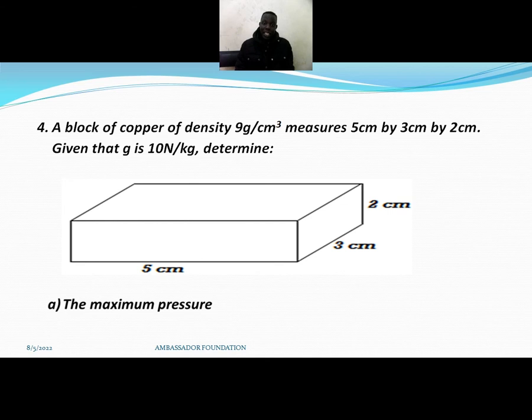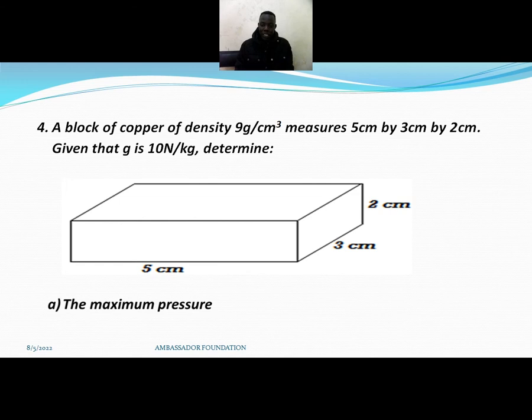I find it easier to get the area in centimeters squared, then simply divide by 10,000. 6 divided by 10,000 gives 0.0006 meters squared. Then 2.7 divided by the minimum area, 0.0006, gives 4,500 Newton per meter squared.